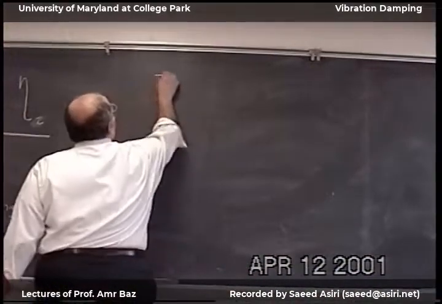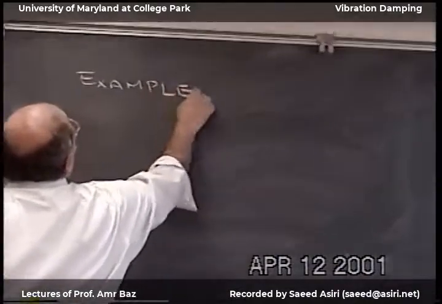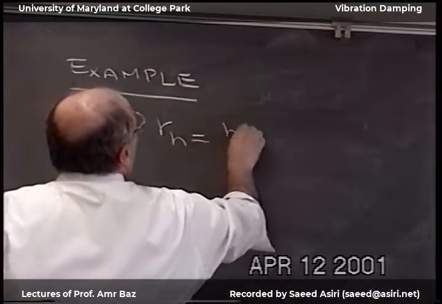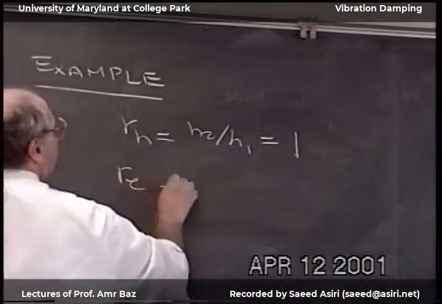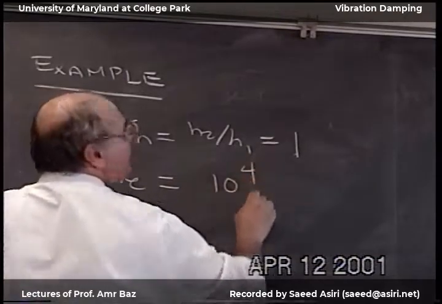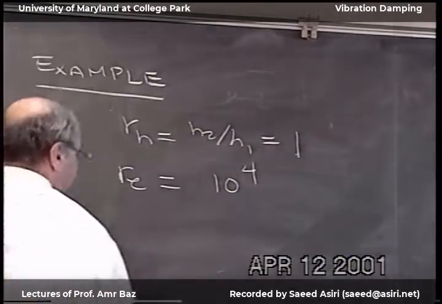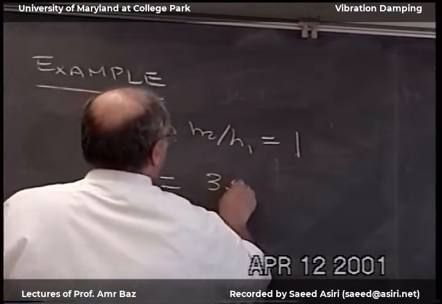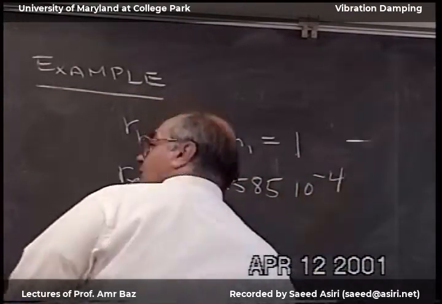Example here. I'm going to take again RH, which is H2 over H1. I'm going to take it as 1. And then RE, we'll take it different than 10 to the 4. This is 3.585, that's from their work, minus 4.